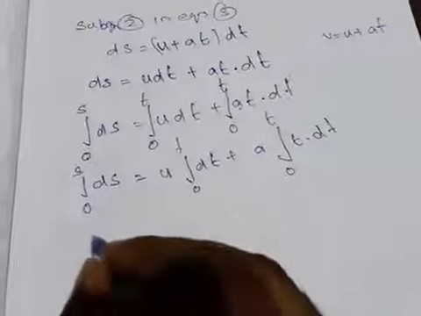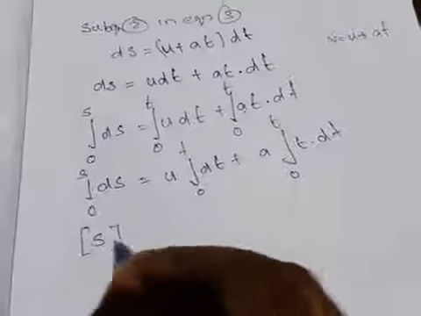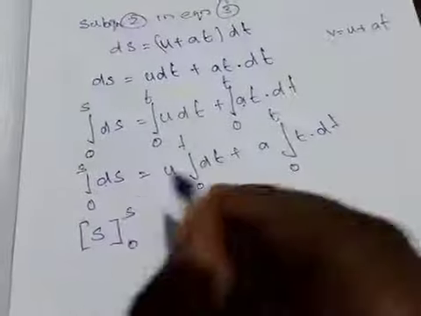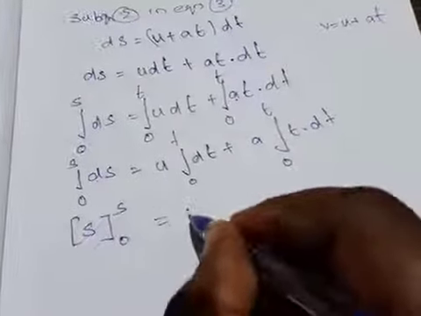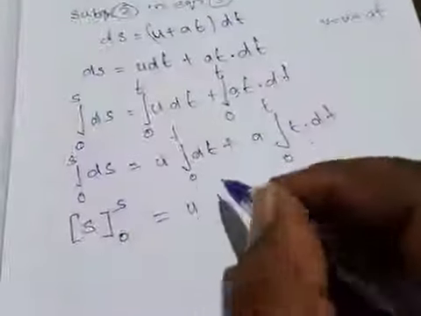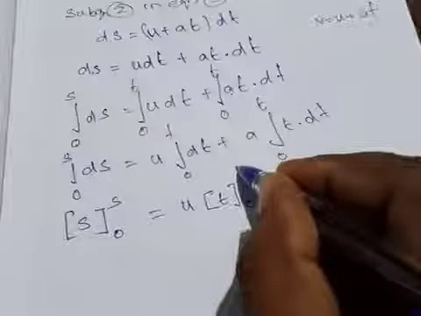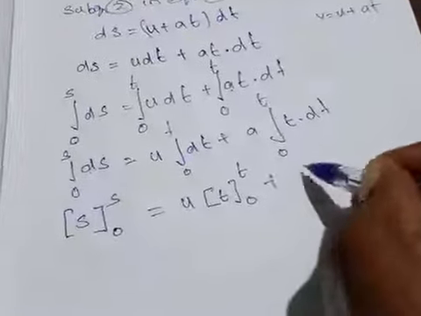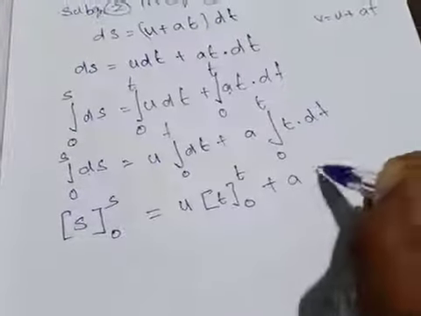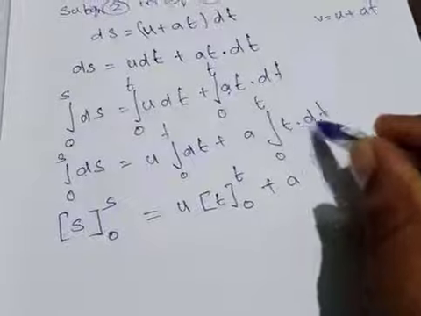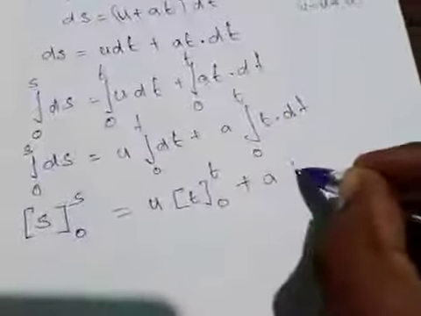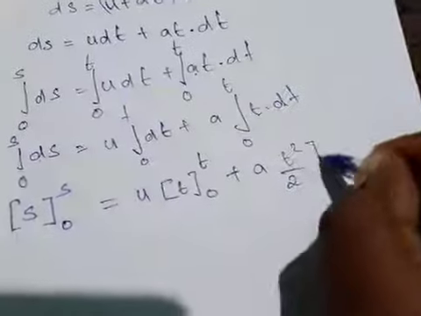Next step, integrate. ds integration is s, limit 0 to s, equal to u, no need to integrate, dt integration is t, limit 0 to t, plus a constant. Here in the format t dt, t dt means t square by 2.